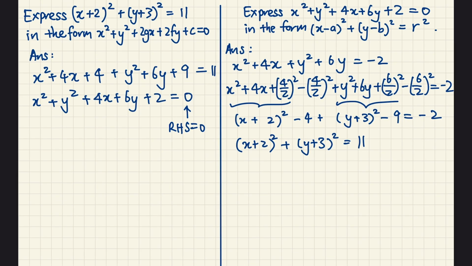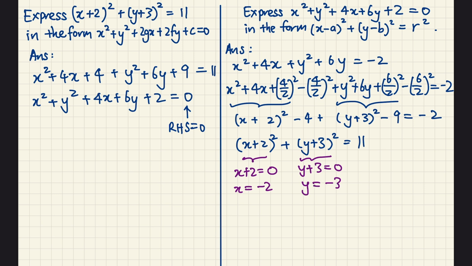So from here, we can easily find the coordinates of the center of the circle. If we set this to 0, x equals -2, and also set this to 0, then y equals -3.